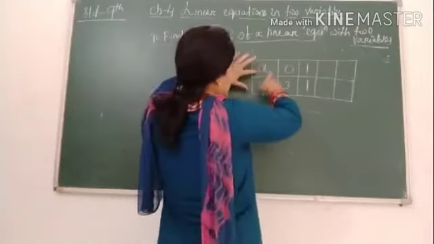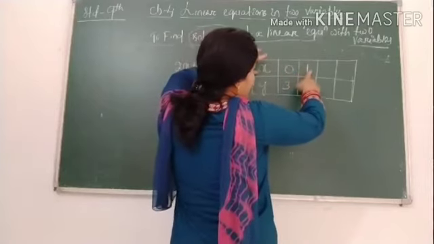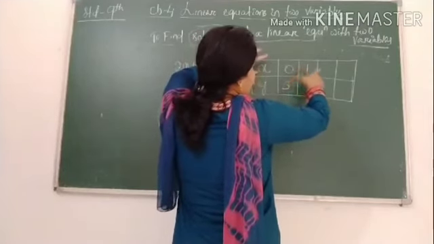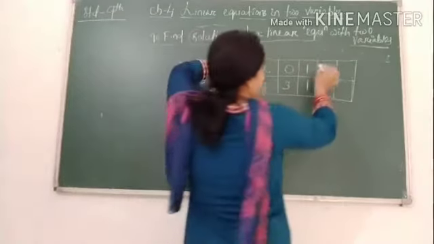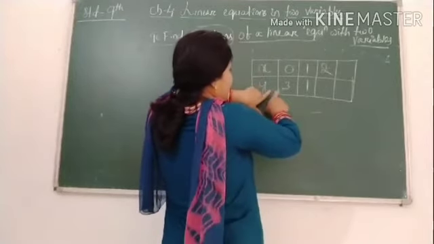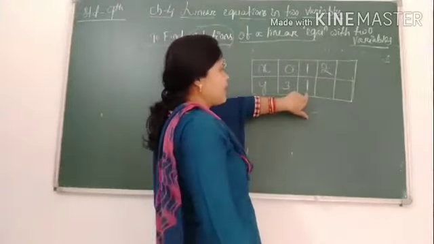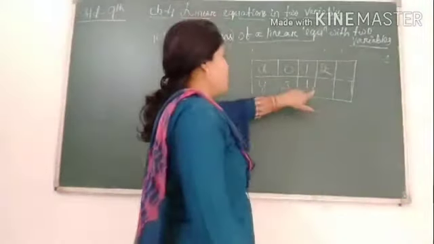Look at the value of x. Here 0, then it will come 1. That means 1 is increasing, so I have to add 1. So if I write 2, look at your y value 3, then after that 1 is coming. So here 2 is decreasing.